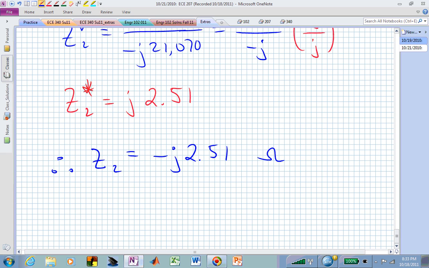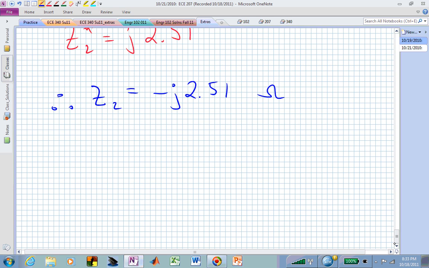What we want to do is find the capacitance or inductance of that particular impedance. We are now in sinusoidal steady state.